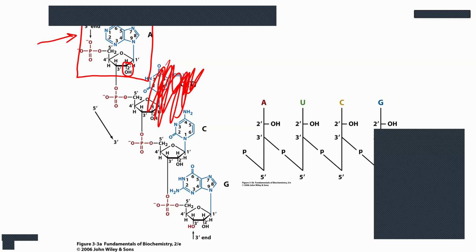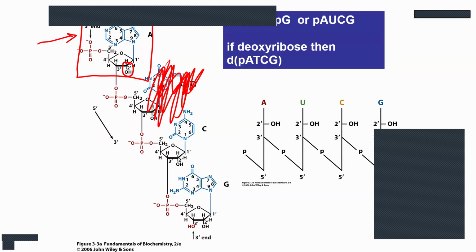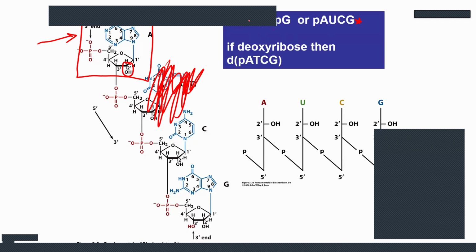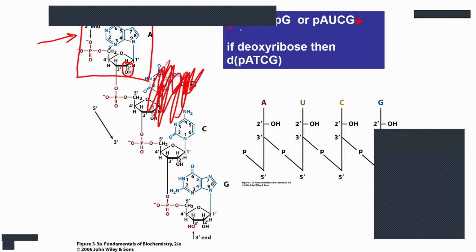Now, when you read the sequence of a DNA molecule, there's a couple of things that are worth noting. This right here is essentially the same as this right here. This model shown on the left, or the sequence shown on the left, is a little bit redundant and excessive because these lowercase p's just indicate where this molecule has a phosphate.